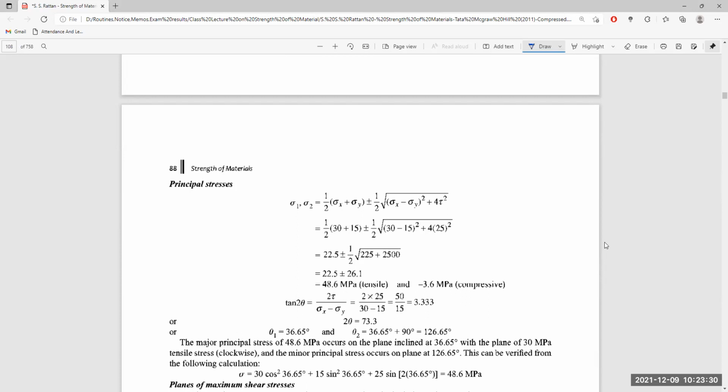Tan 2 theta equals 2 tau by (sigma x minus sigma y), 2 into 25 by (30 minus 15), so it becomes 3.3, or 2 theta is 73.3, or theta 1 is given as 36.65 degrees, and theta 2 is 36.65 plus 90, which is 126.65. The major principal stress occurs on the plane at 36 degrees with the plane of the 30 MPa tensile stress, and the minor principal stress occurs on the plane at 126. This can be verified by calculation from here.